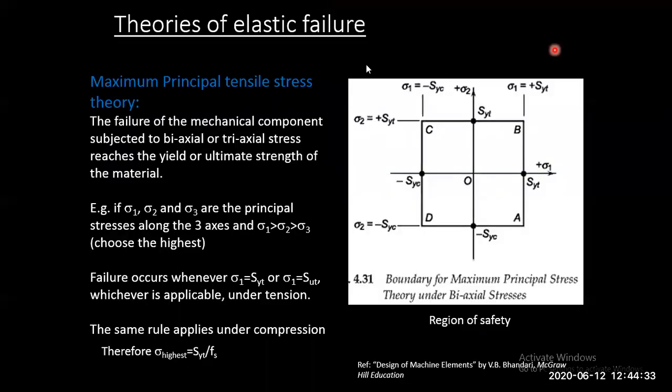Okay, so theories of elastic failure is another important topic in your design of machine elements. These are just empirical theories. Whenever a material is subjected to uniaxial stress or axial, bending, torsion, these kinds of stresses, it is easy to predict, just one kind of stress acting.